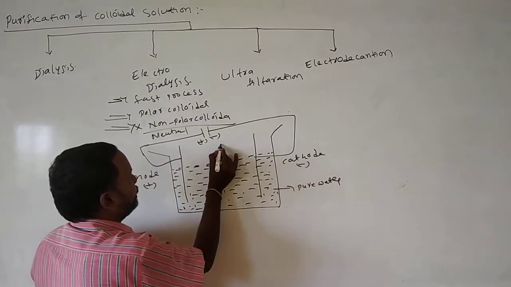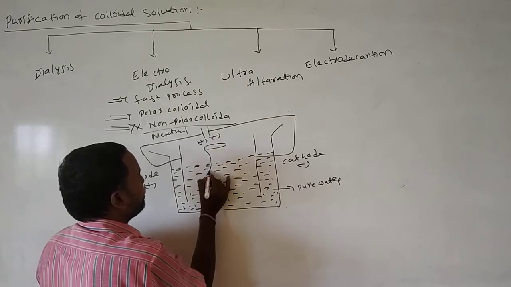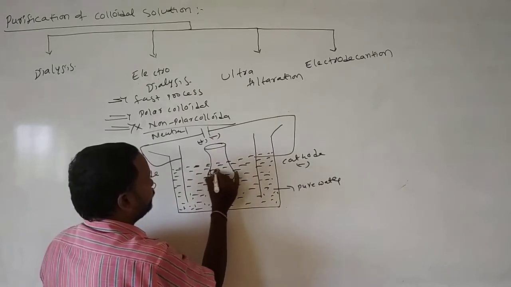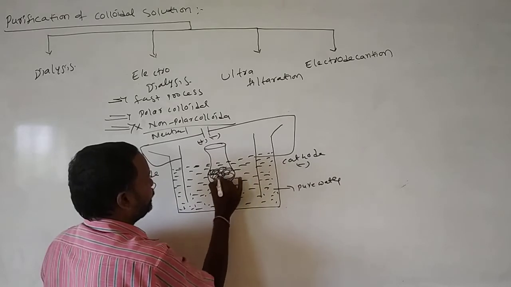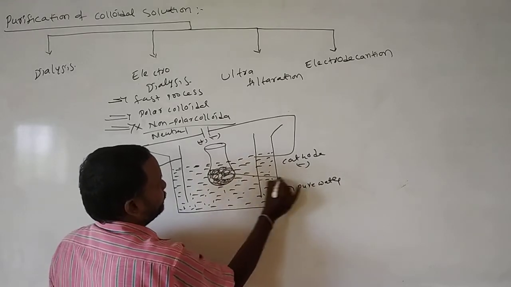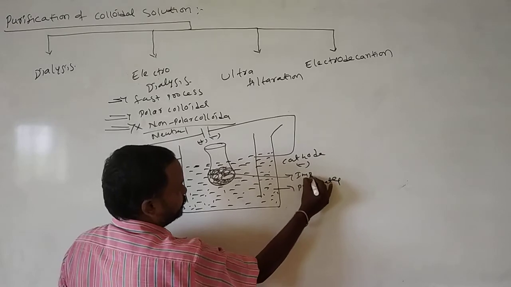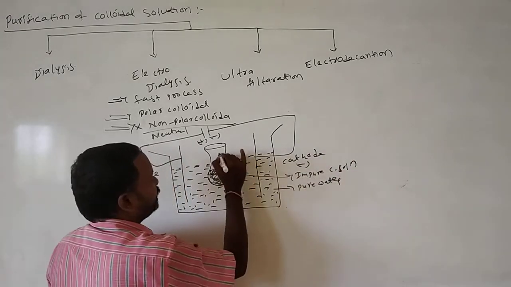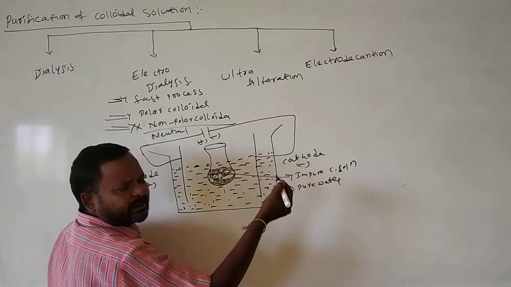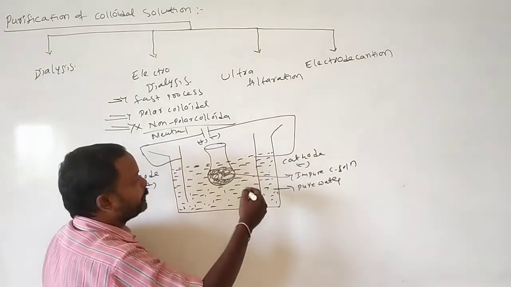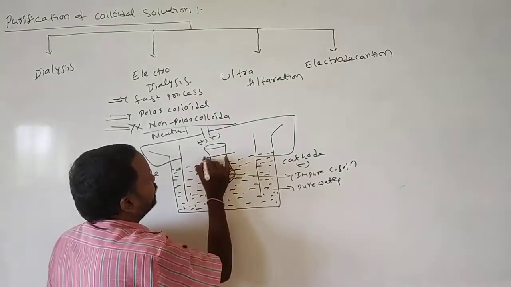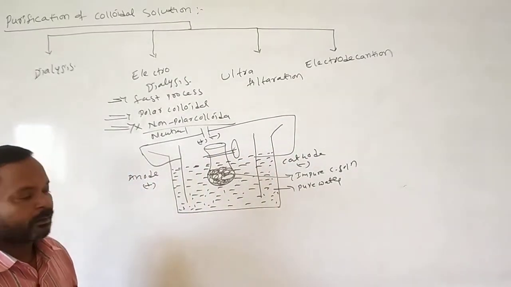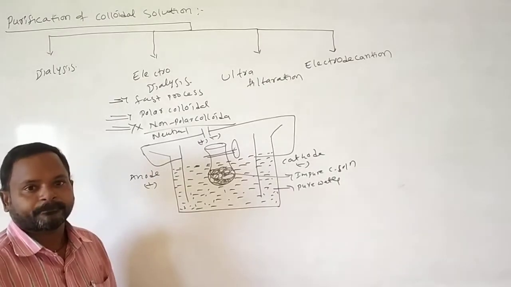Here you take again a dialysis bag, filled with the impure colloidal solution. This is the impure colloidal solution. This is the dialysis bag, again prepared with semi-permeable membrane. Then you close it. Then pass the electricity.